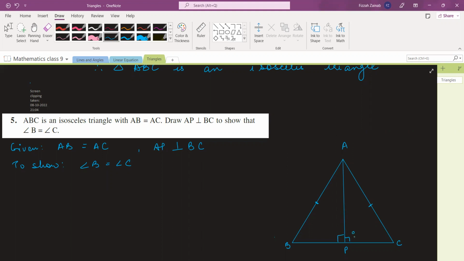AP perpendicular means this angle is 90 and this angle is 90, correct? So you think of RHS in your mind. What do you need for RHS? One angle has to be 90 degrees in both the triangles. So if you take this triangle and this triangle, one angle is already 90, right? Then you have to show that the hypotenuse is equal, which is already given. AB is equal to AC, correct? Is there any side which is equal here?